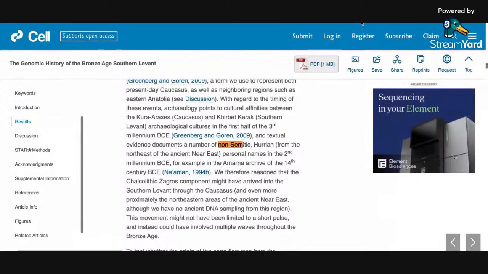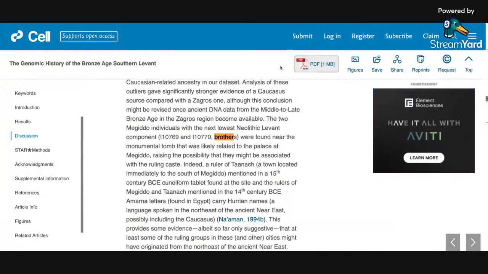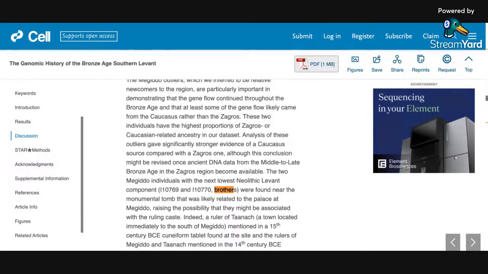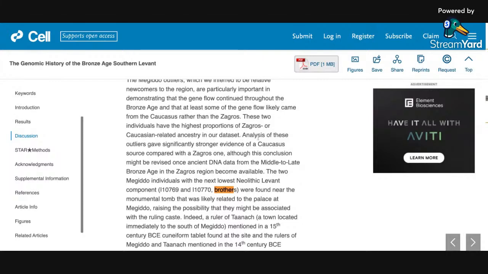And we're going to go ahead and skip down to the brothers they're referring to. These two individuals have the highest proportions of Zagros or Caucasian-related ancestry in our data set.